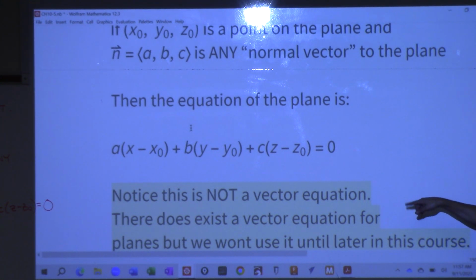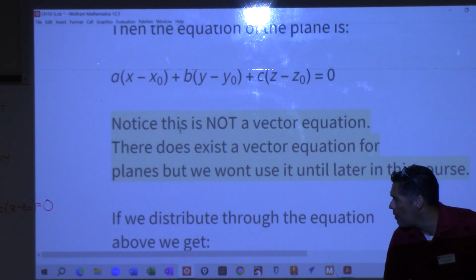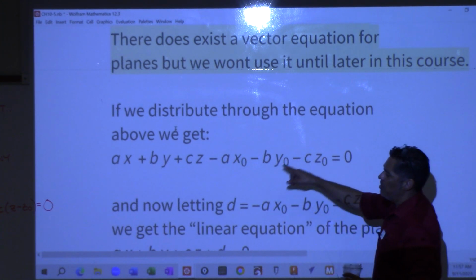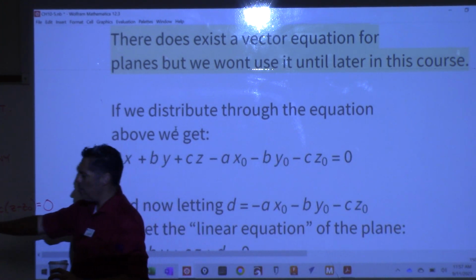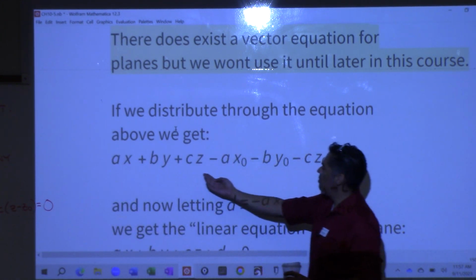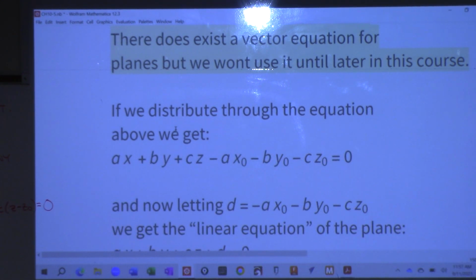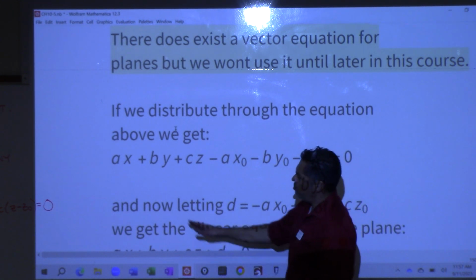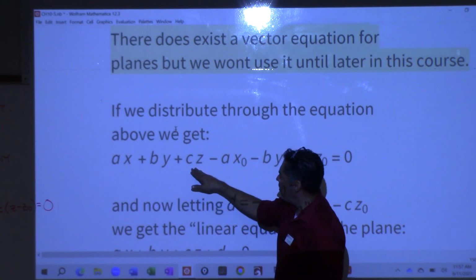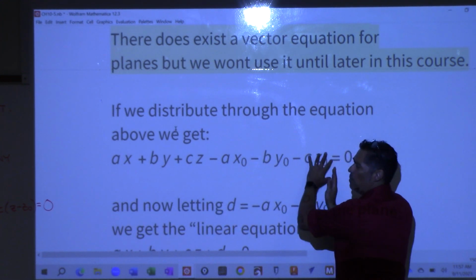In yellow here, all I'm saying is what I started with. We're not going to talk about vector equations of planes yet. We're going to talk about that later. So if we take that equation here and we distribute the a through and the b through and the c through, then we would get this. So this right here would be an expression with x in it. This would be with y. This would be with z. These would all be numbers.